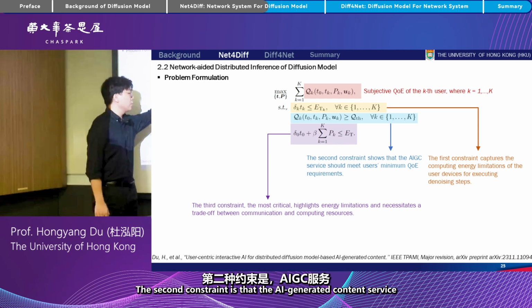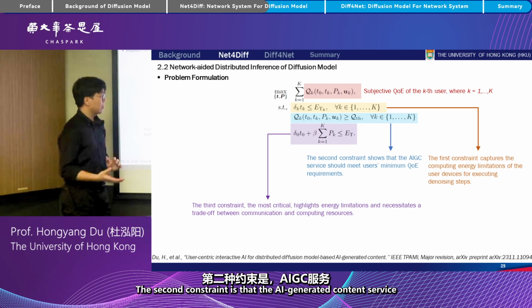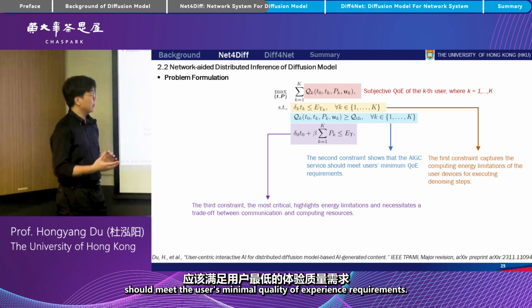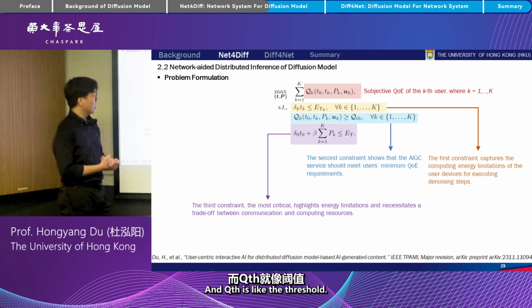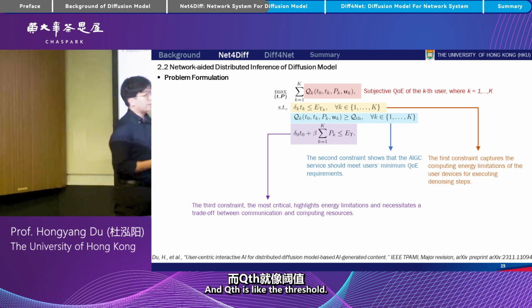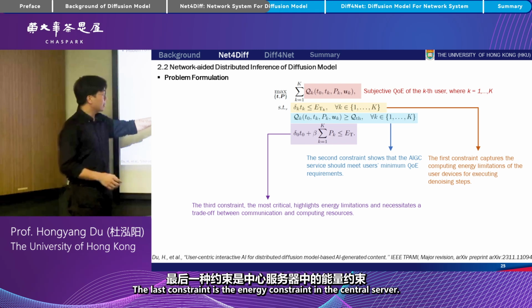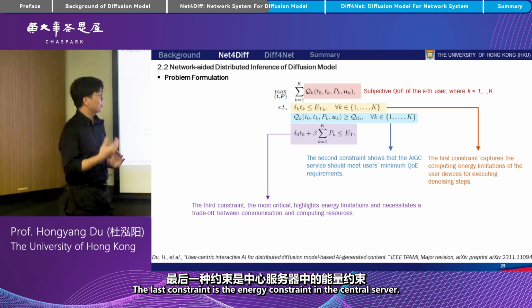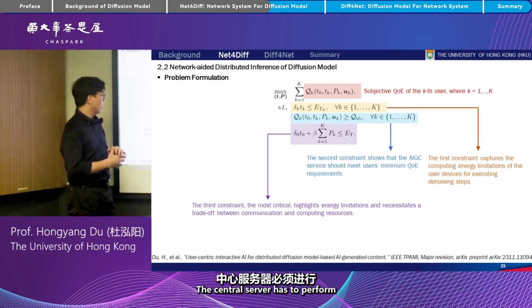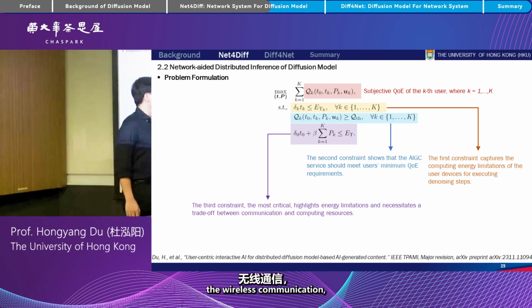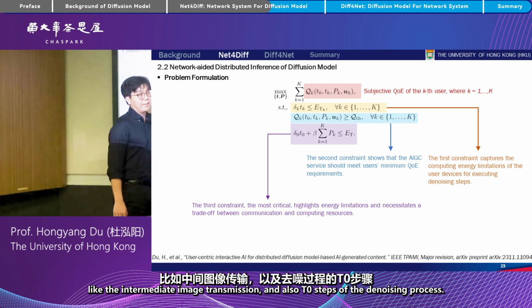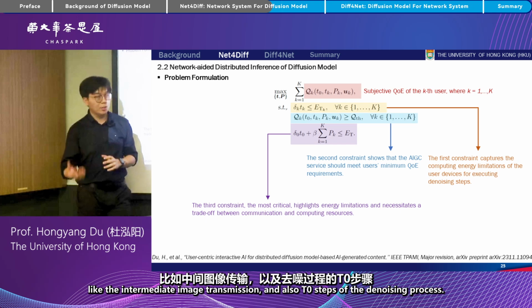The second constraint is that the AI-generated content service should meet the user's minimal quality of experience requirements, and TH is like the threshold. The last constraint is the energy constraint in the central server. The central server has to perform the wireless communication, like the intermediate image transmission, and also T0 steps of the denoising process.